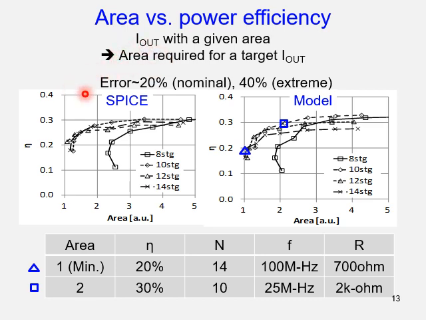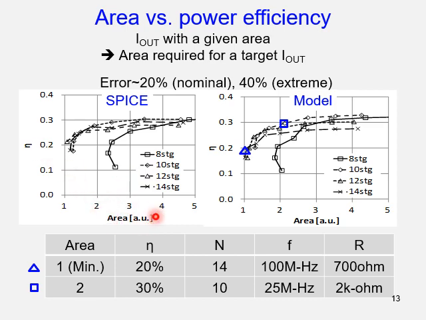Then the eta versus I out plot can be converted into eta versus area, like this. So this is almost the last graph. The parameter is the number of stages. So there is a trade-off, area versus eta.